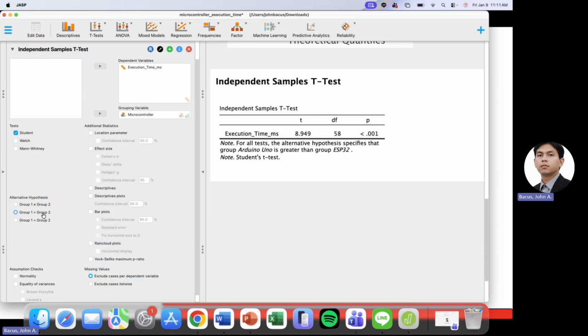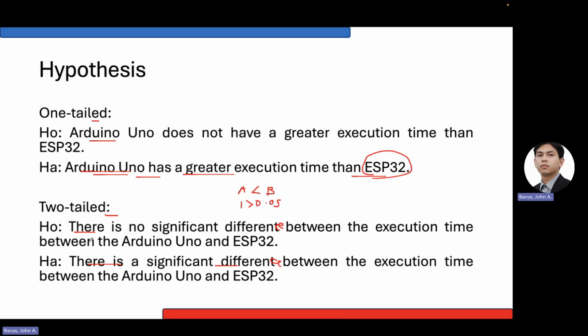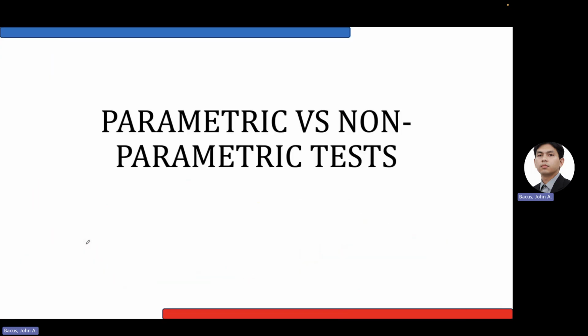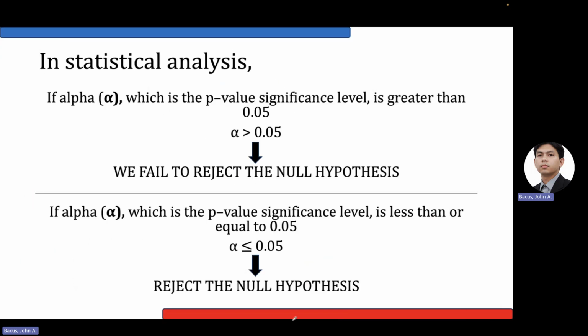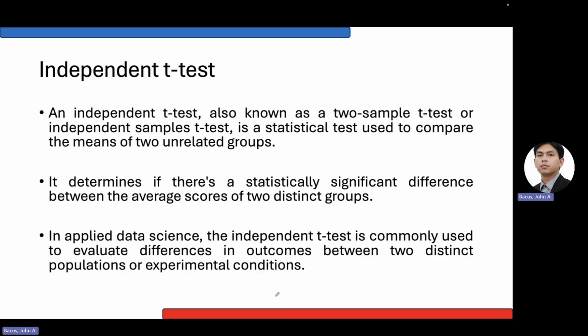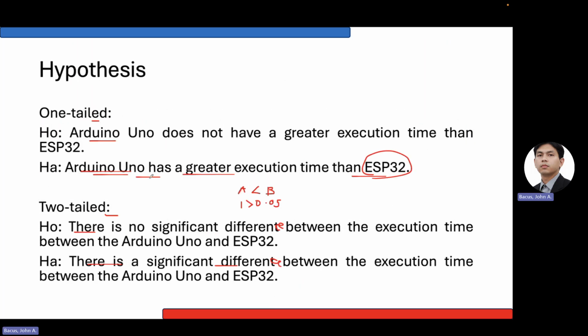So meaning to say that we reject, pag sa ganito ang yung ganina pag less than 0.05 we reject the null hypothesis. So if we reject the null hypothesis, of course we accept this alternative hypothesis. So Arduino Uno really has a greater execution time. Pero nag-change siya because nangyari siya 1. So we accept the alternative if that happens.